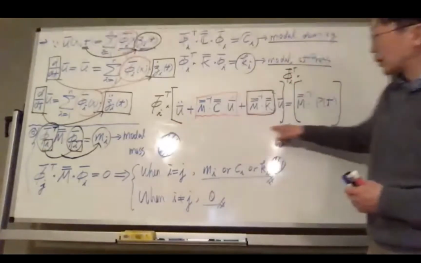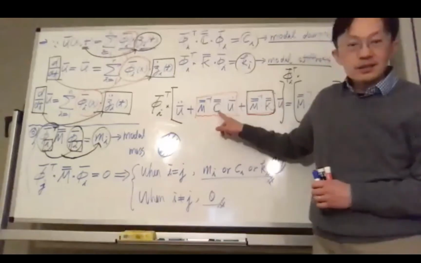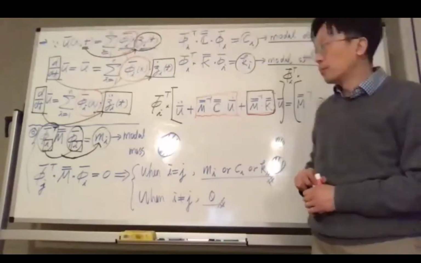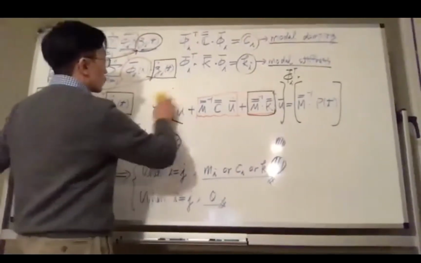And here, originally, we are dealing with vectors and also matrices. And this kind of math is not easy to solve. But after this modal orthogonality, we can write it like this.